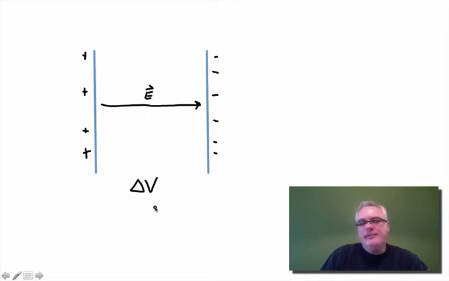Well, this is a basic battery. What we have is a source of energy. Remember that potential is energy per charge, so what we have is a source of potential energy.